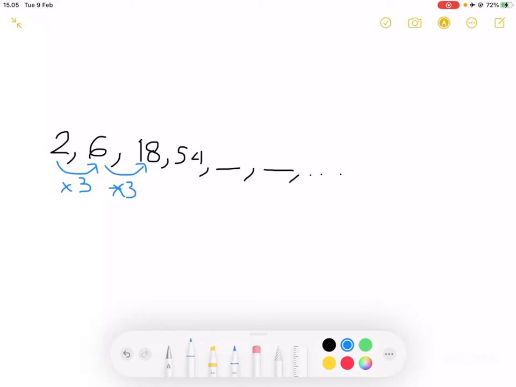So sometimes patterns are not just addition or subtraction, it could be multiplication. Sometimes it involves exponents, sometimes roots and stuff. So for the next term, you simply multiply 54 by 3, which is 162. And then the next term, 162 multiplied by 3 will be equal to 486. There we go. So this is the answer for this question.